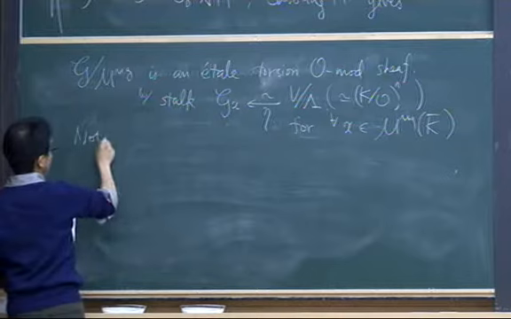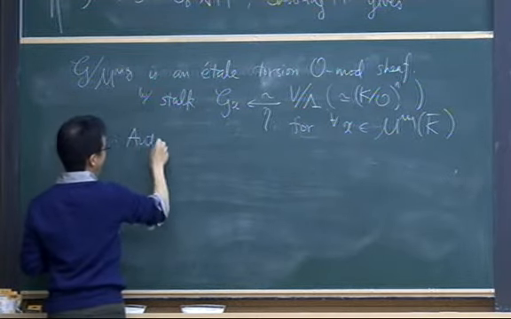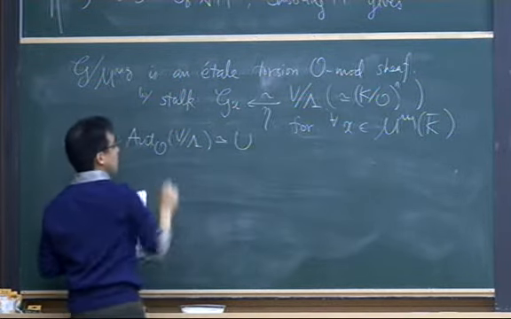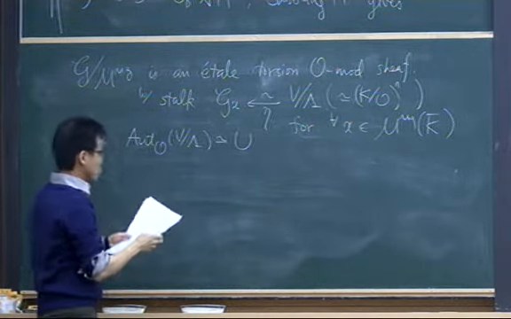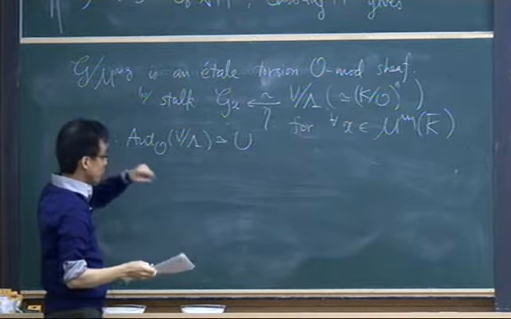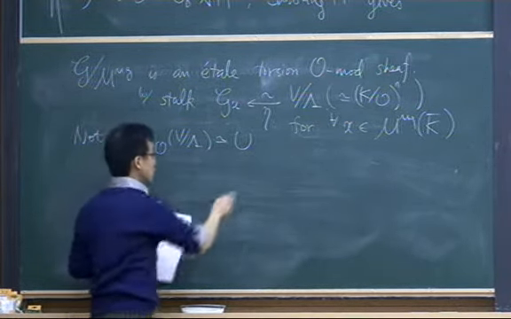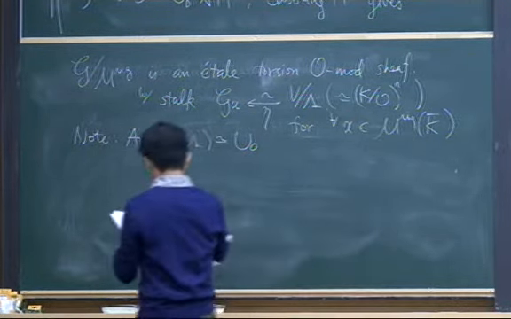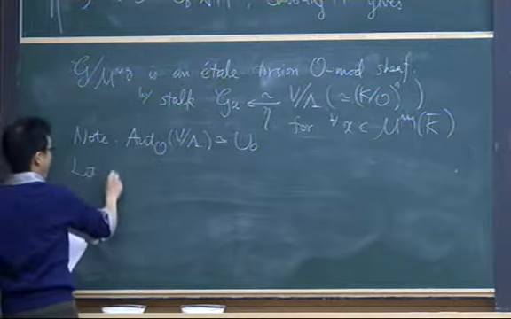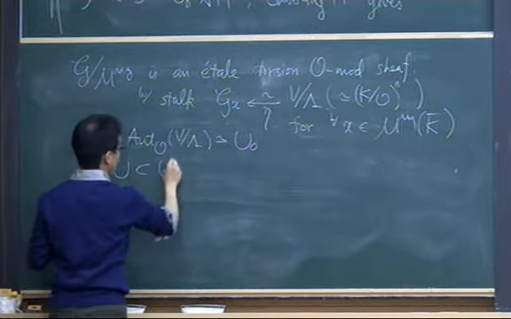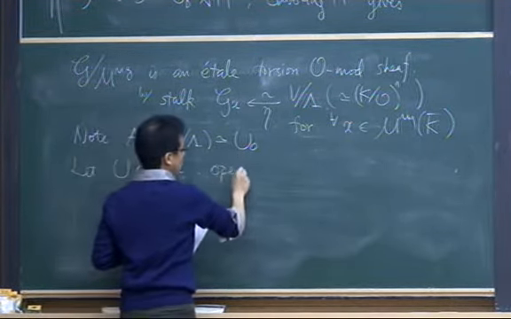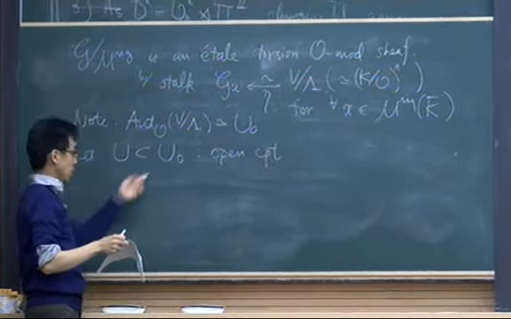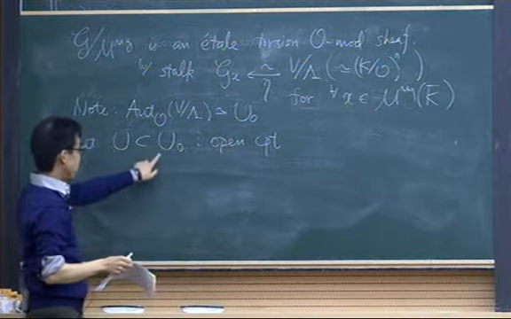And note, as an O-module, I can take the automorphism group, and that's again U_0. So for any open compact subgroup, this is going to have finite index because U_0 is compact.